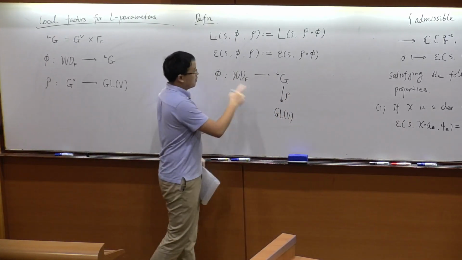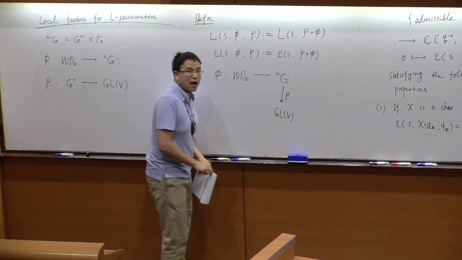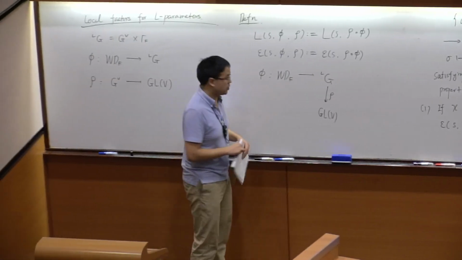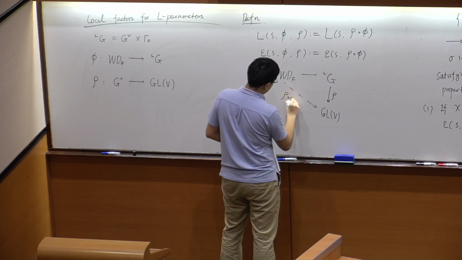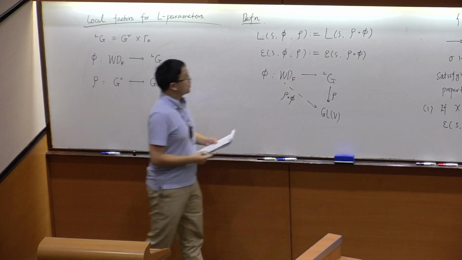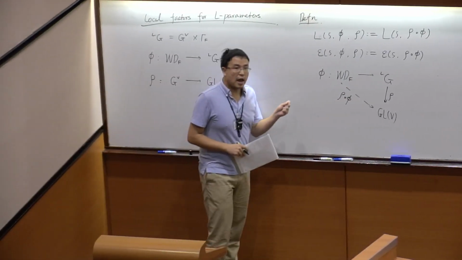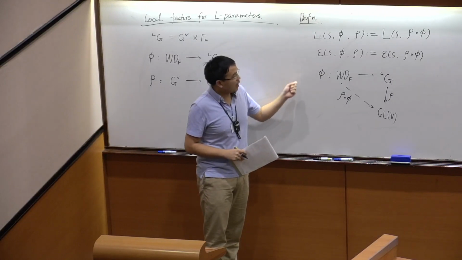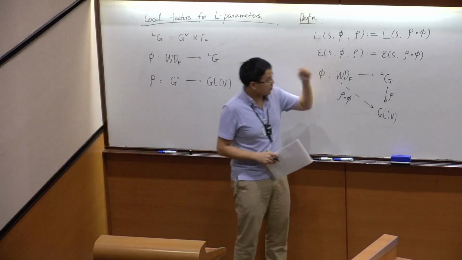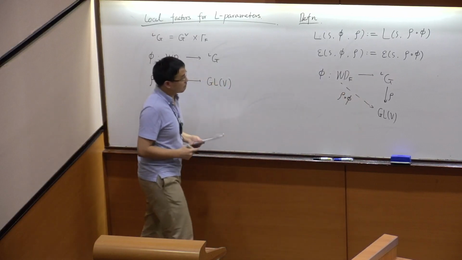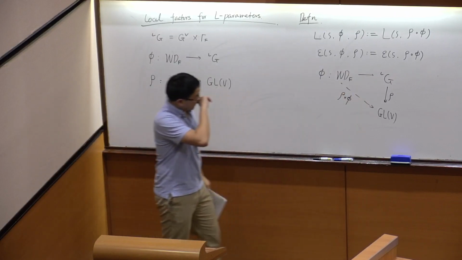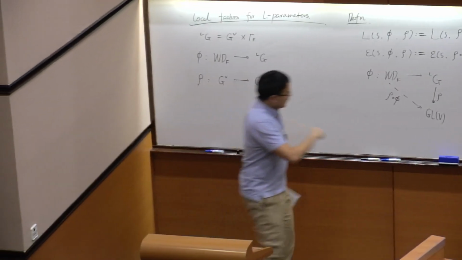So if we compose these two, this is going to give us a new L parameter for the GL. And then we use the L parameter, we use the definition of the local L factors for the GL case to define this general case. And we already see this in the definition.